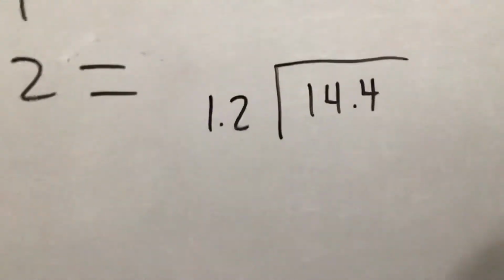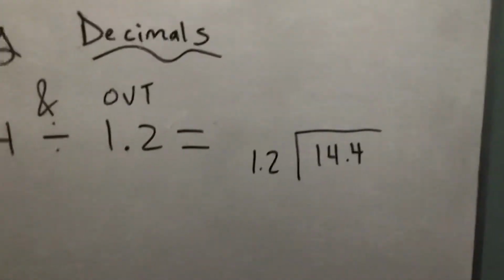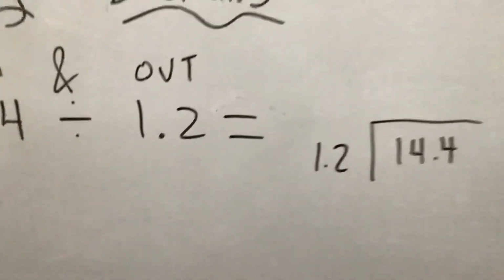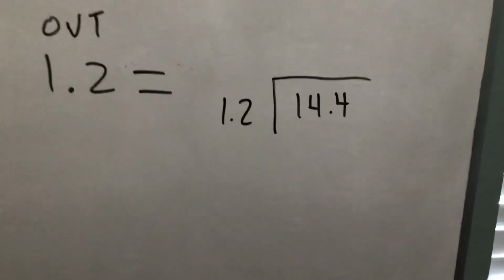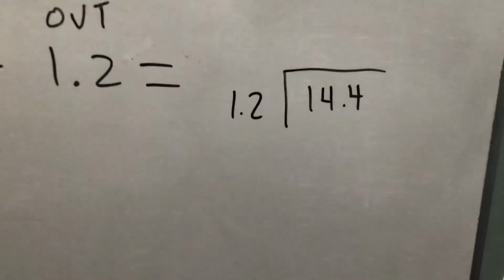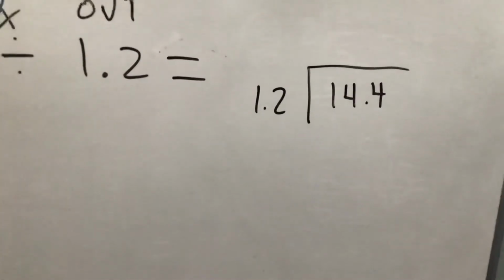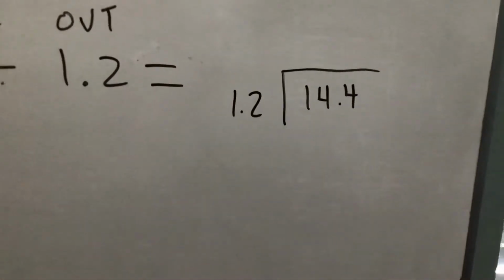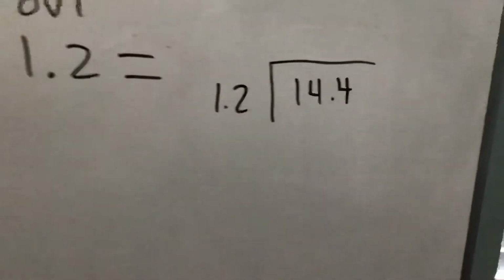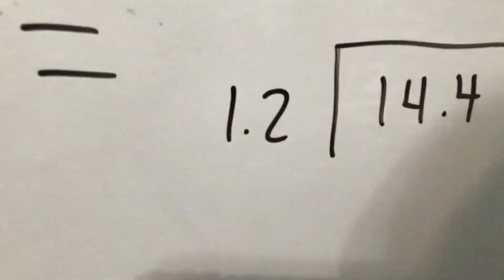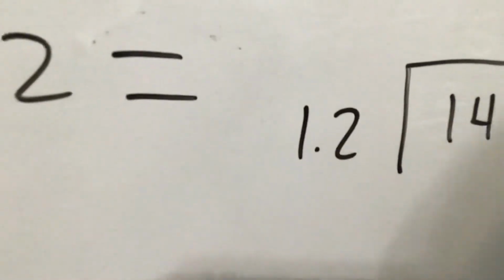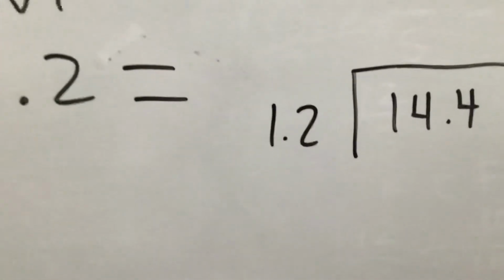It's okay to have a decimal inside the house. It's just not okay to have a decimal outside the house.